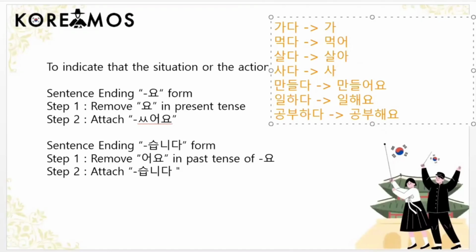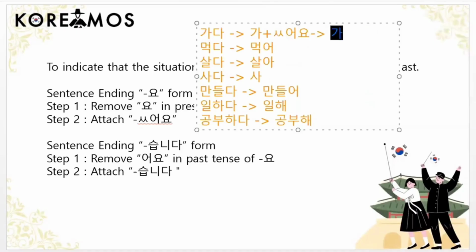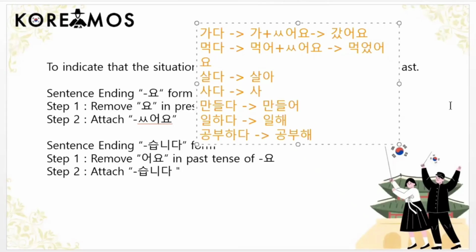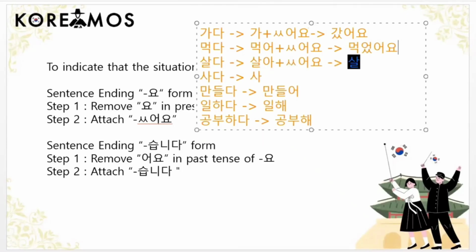Remove yo, and yo, and we're gonna add this suffix as final. And it'll be 갔어요, 했어요. 갔어요. And same, 먹었어요. Same, 살았어요. Same, 샀어요.